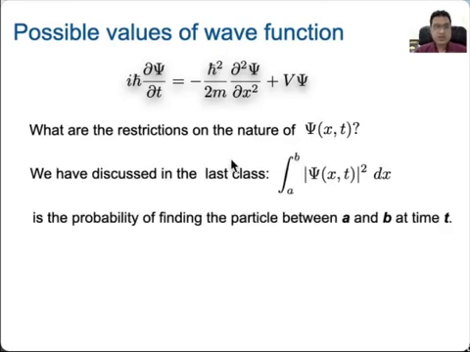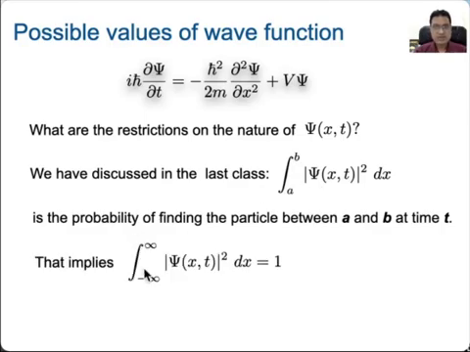So, we have discussed in the last slide that this is the probability of finding the particle between A and B at time t. Okay. This implies that if you go to the entire space, the probability is supposed to be preserved. You know the probability is always 1. So if you add all these probabilities between different intervals, it has to sum up to 1. Okay.